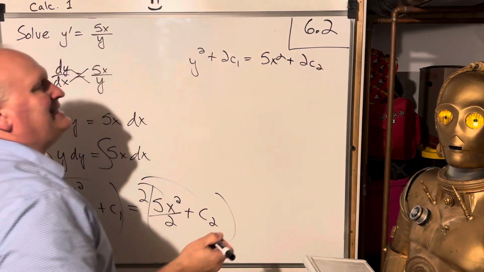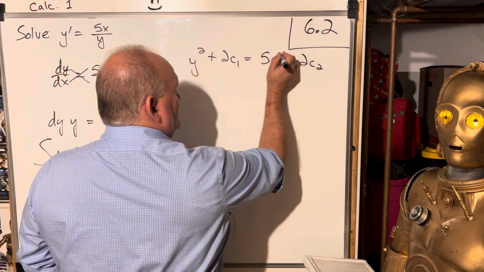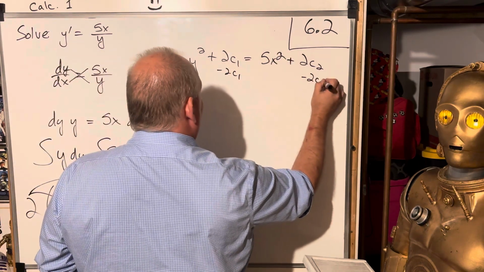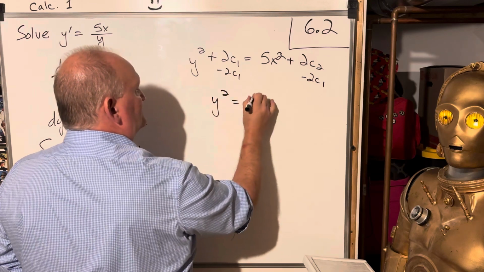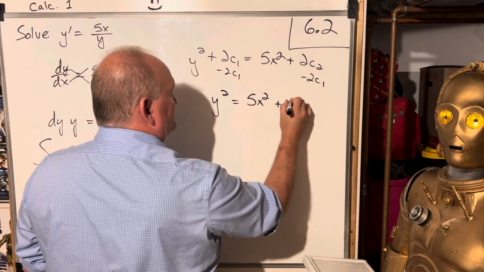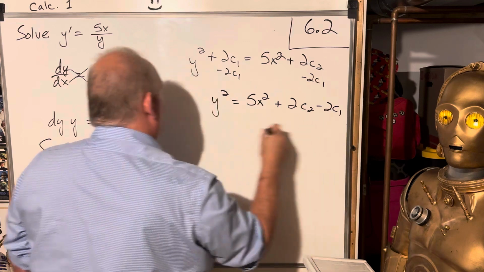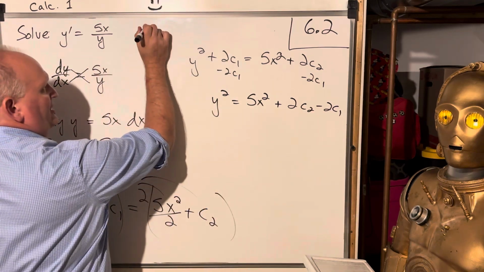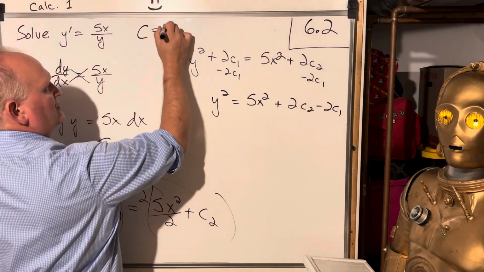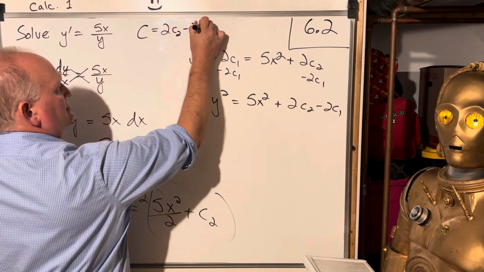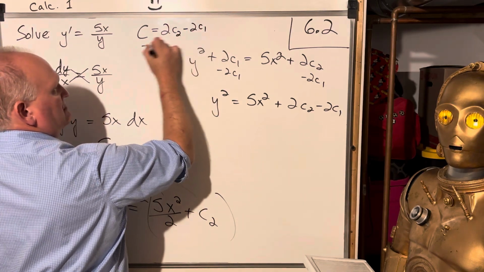But at the end of the day, we could move this over. And we could just say, okay, I have another constant, which is always equal to 2 times C2 minus 2 times C1. This is always true.